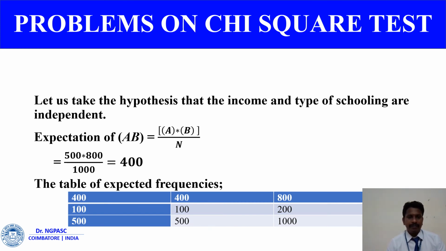The third entry, column total 500, row total 200: 500 into 200 divided by 1000 is equal to 100. Last entry, that is the fourth entry, column total 500, row total 200: 200 into 500 divided by 1000, we get 100.